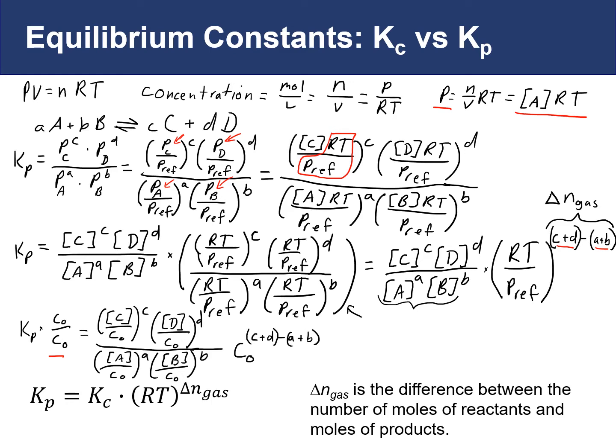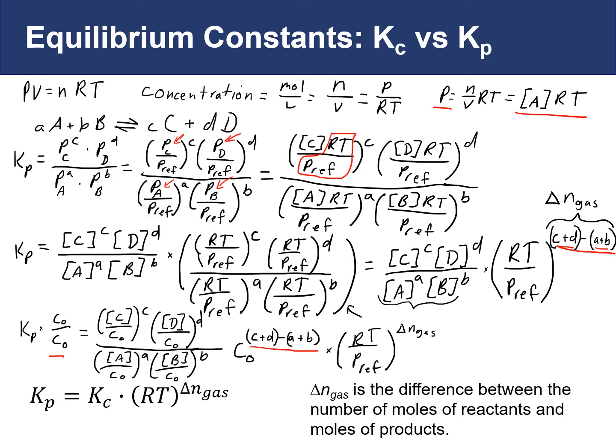This here is the exact same as we had over here. We would also need to multiply this by our RT over Pref raised to our delta N gas.